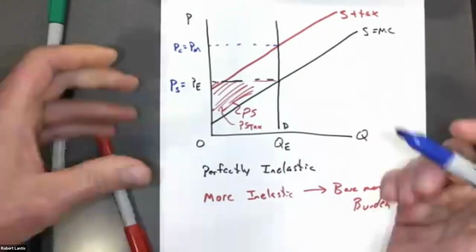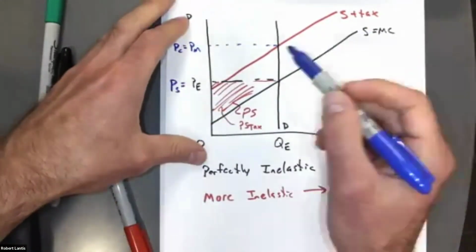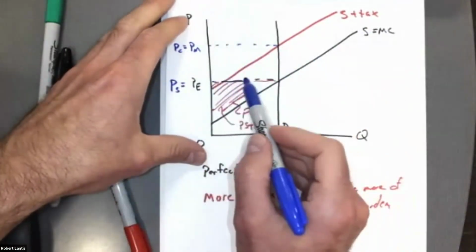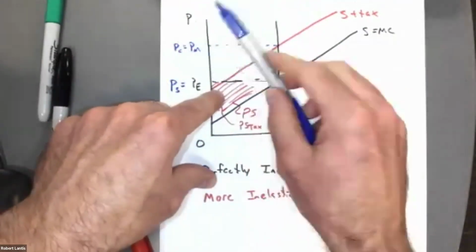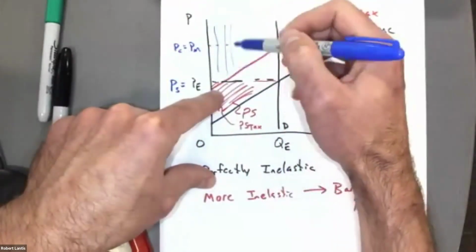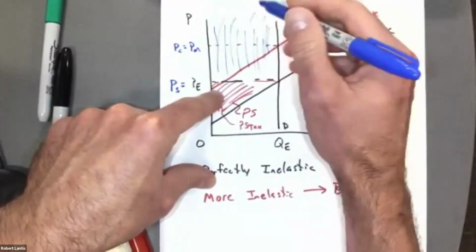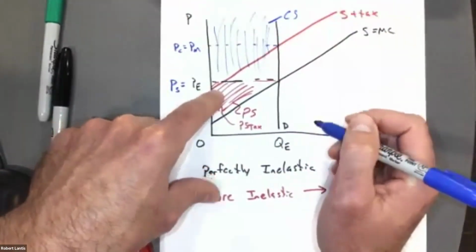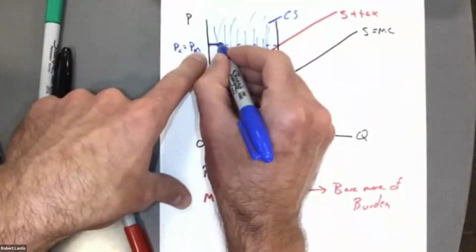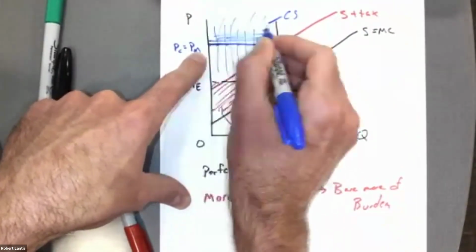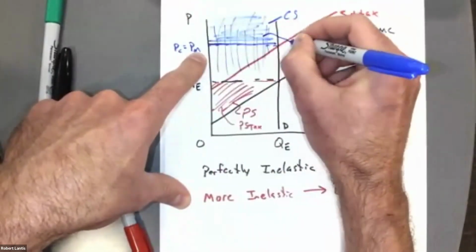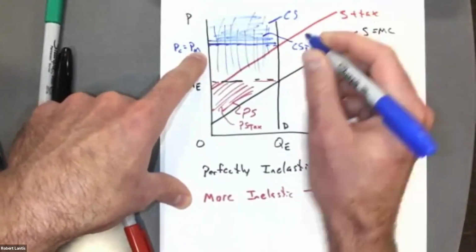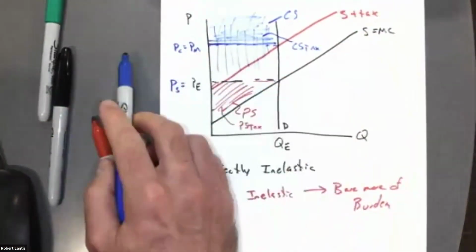It gets kind of weird, but what would consumer surplus have been before? It's the area above price, but below the demand curve. So here it would have been like this was consumer surplus before. What is consumer surplus after? Only this area here. So consumers lost all of this surplus.